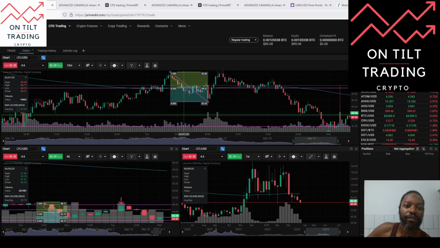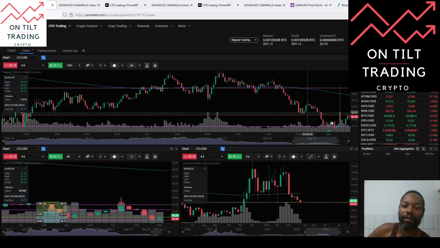Here, I set this Fibonacci up because this is where there's a market structure shift or change of character or trend change, depending on how you classify it. So we can see here this being the last strong low before this high was put in. This high comes in and sells off here.